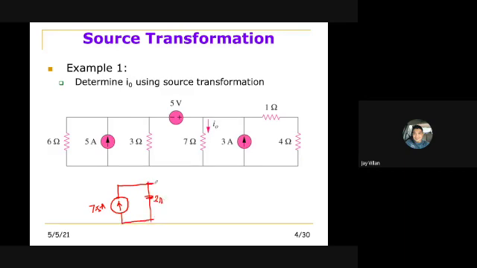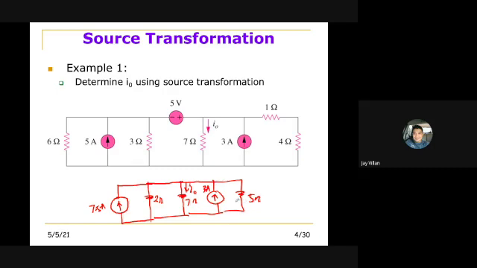And then we have your 7 ohms, and this is IO flowing here. Okay? And you have your 3 ampere source connected in parallel with the 5 ohm resistor.